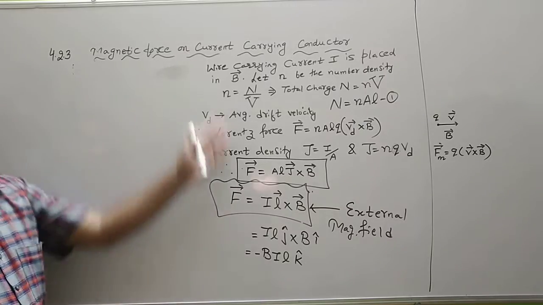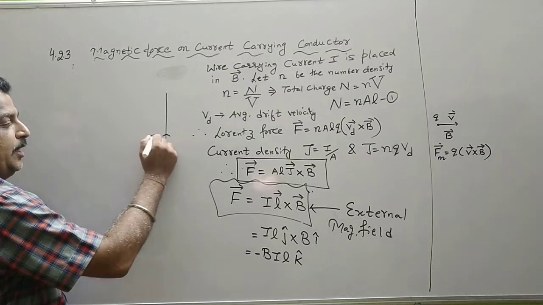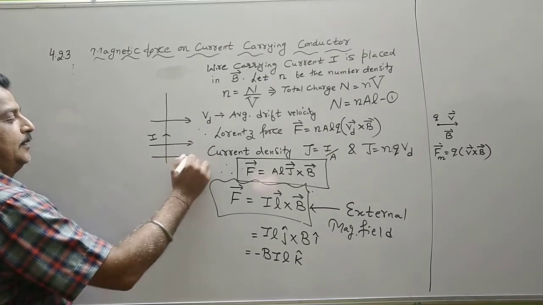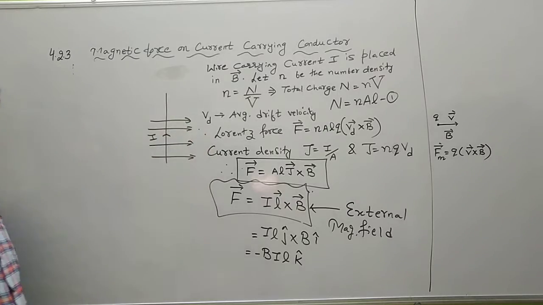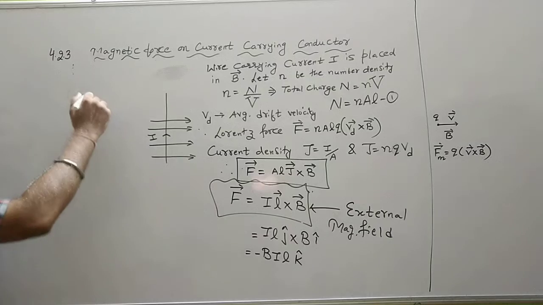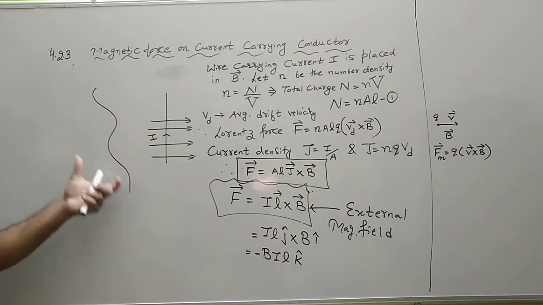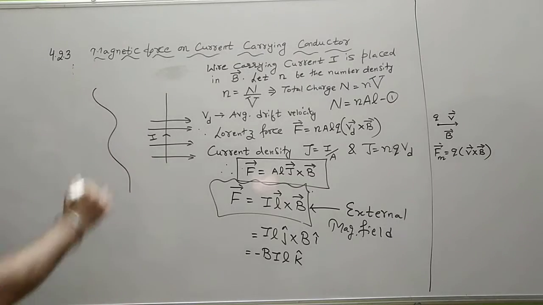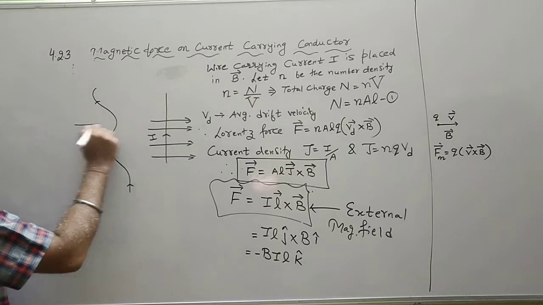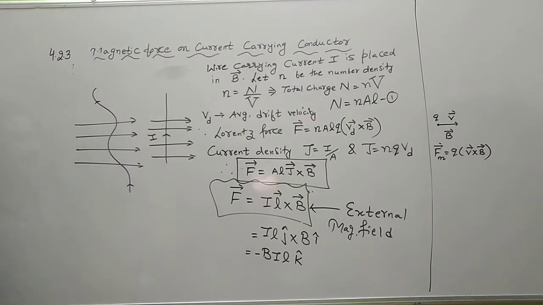Now here, while deriving this, we have considered the wire to be straight and the magnetic field, let us take an example, is taken along the x-axis. Now suppose the wire is of arbitrary shape, that is not linear, it is not straight. So this is a wire and the current is flowing through it, and again such a wire is placed in a uniform magnetic field.